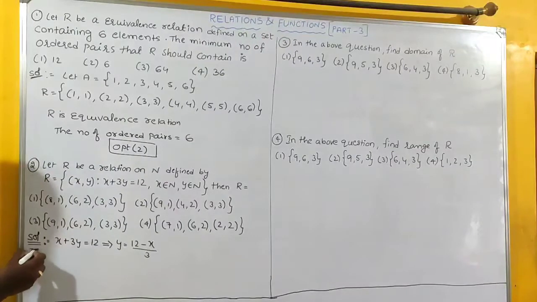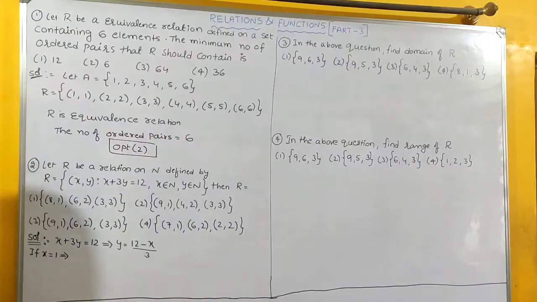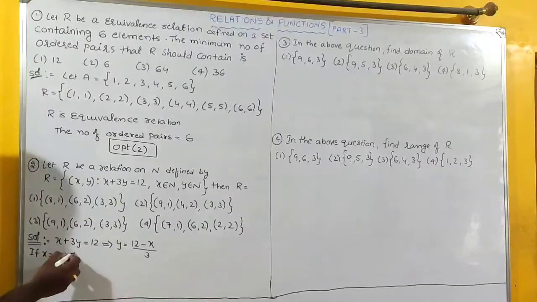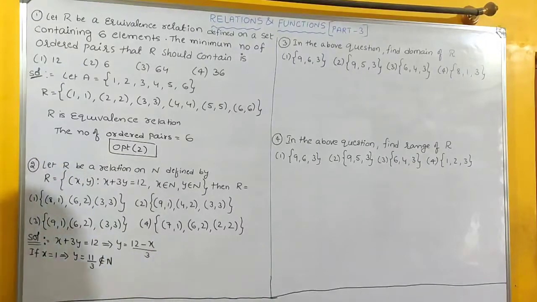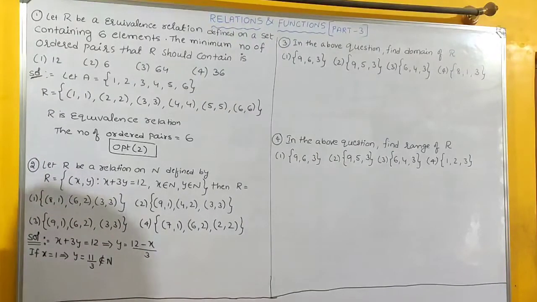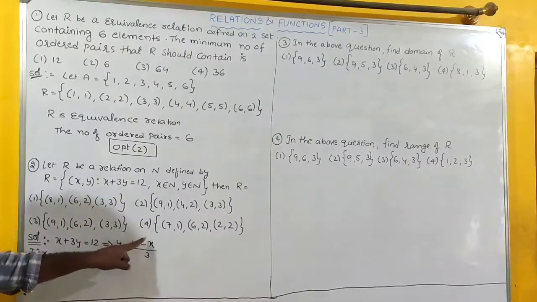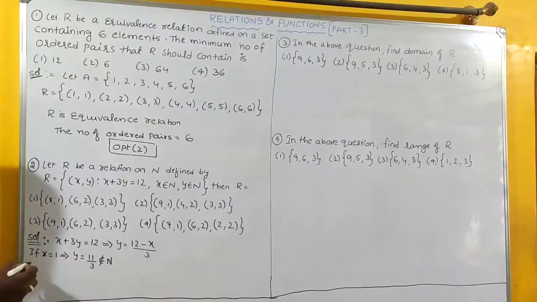If I take x equal to 1, substitute: 12 minus 1, 11 by 3, but 11 by 3 is not a natural number. If you take 2, 12 minus 2, 10 by 3, that is also not a natural number. If you take 3, 12 minus 3, 9, 9 by 3, 3, yes, it is a natural number. That's why you can start with 3.